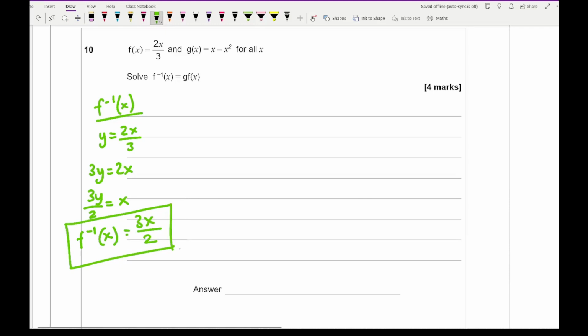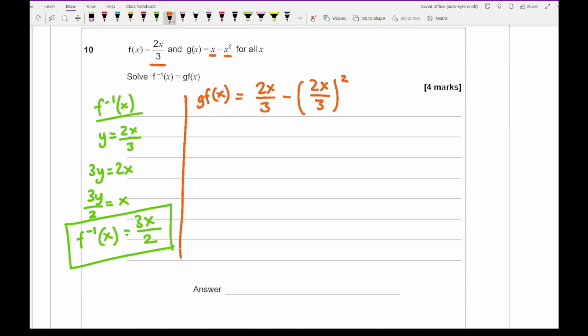Then working out gf of x. So this is where I substitute f wherever I see an x. So instead of writing x in g, I'm going to write 2x over 3 minus (2x over 3) squared. Then simplifying this, I get 2 over 3 x minus, and then square both the numerator and the denominator, so that's going to be 4x squared over 9.